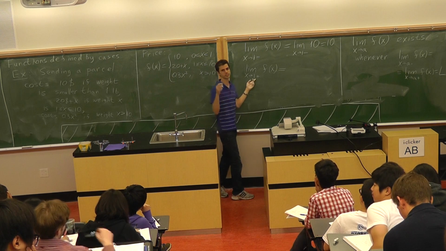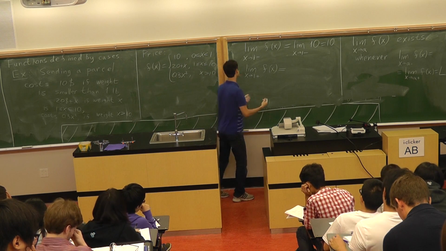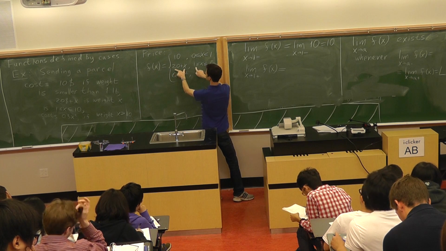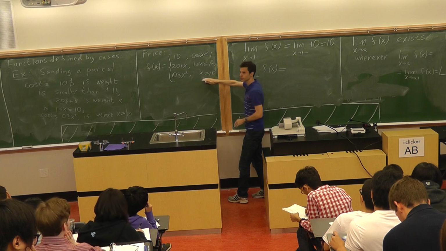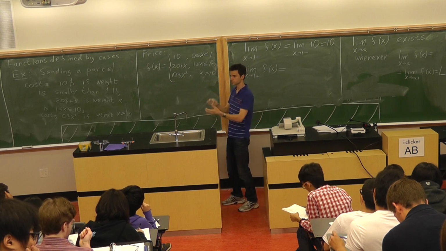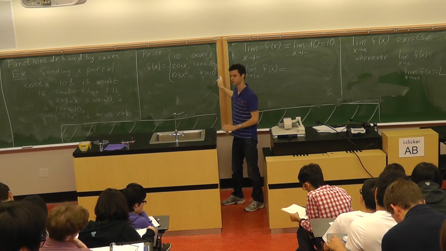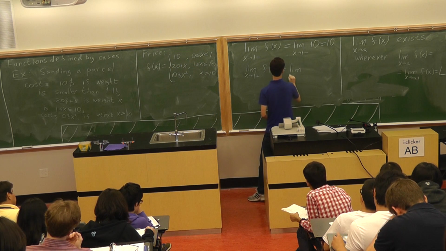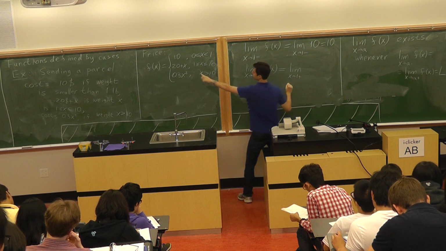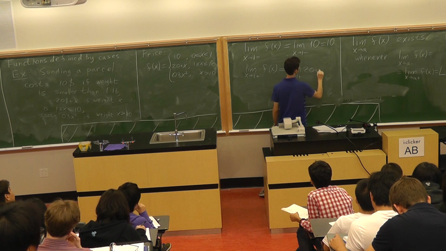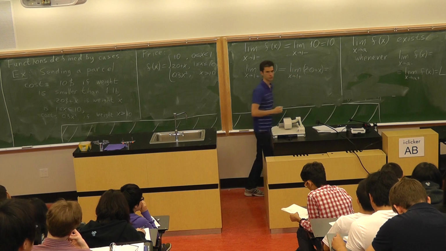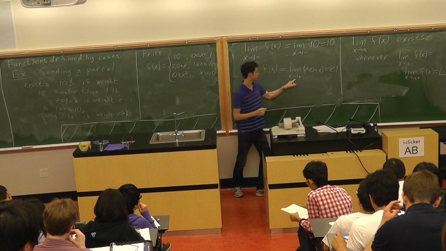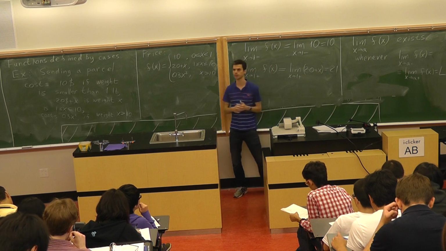Now I know that x is close to 1, but slightly larger. So I'm in the case when x is larger than 1. But still not in the third one. I still know that it is close to 1, so definitely not greater than 10. So it's the limit as x tends to 1 on the right side of 20 plus x, which is 21. So when x is close to 1, this is close to 21.